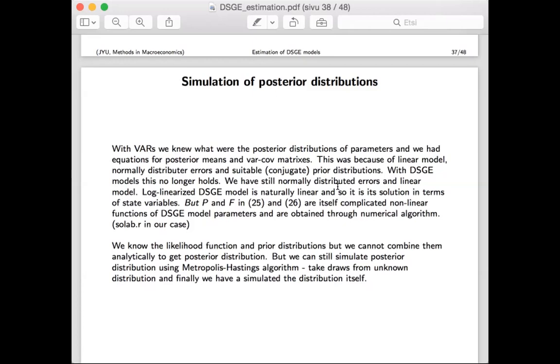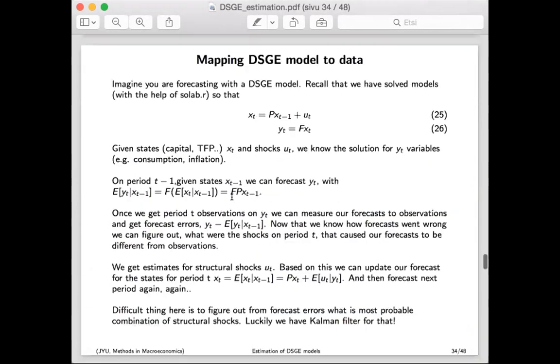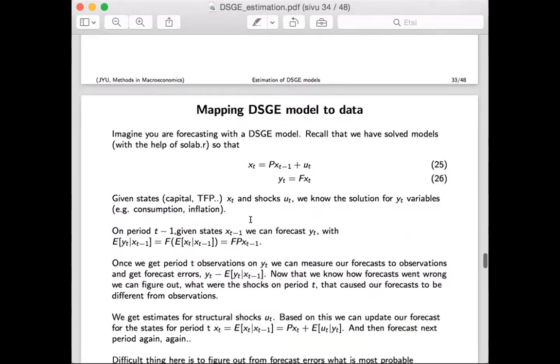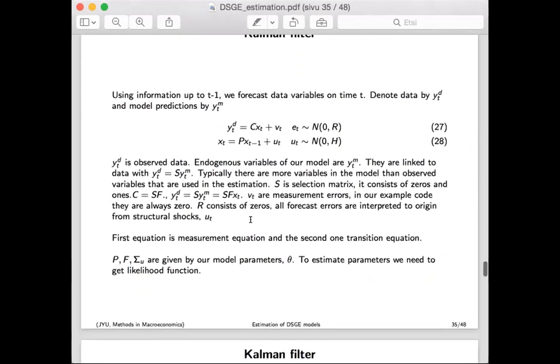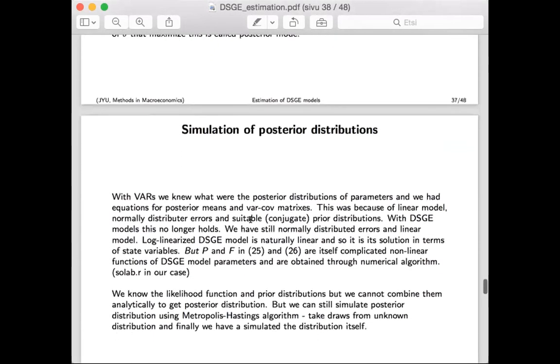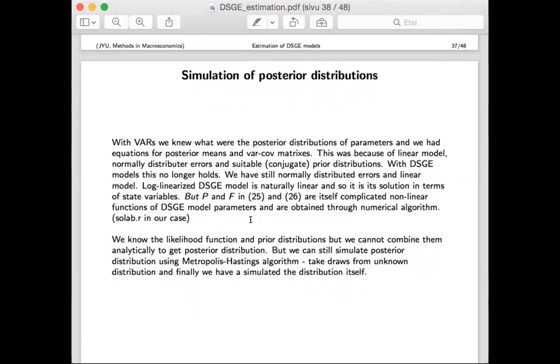With the DSGE model, this is more complicated, since even though our model is linear, these P and F matrices are nonlinear functions of the original model parameters. And that's why we cannot derive distributions for model parameters themselves.